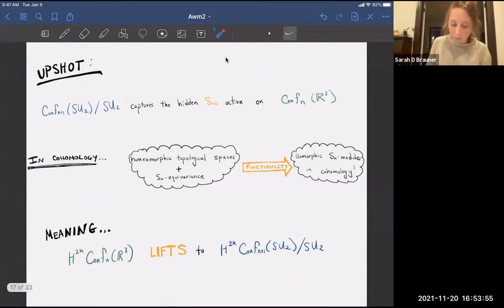And so the upshot here is this space captures an Sn+1 action that relates to this space. And so when I move to cohomology, what this is really saying is that this representation of the configuration space lifts to this representation of Sn+1.